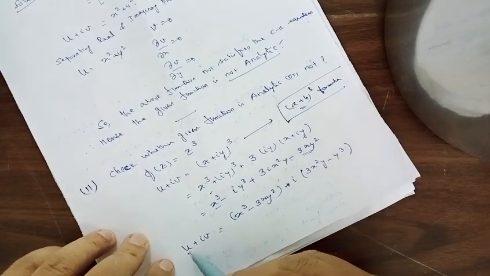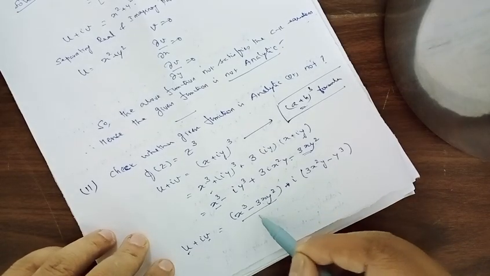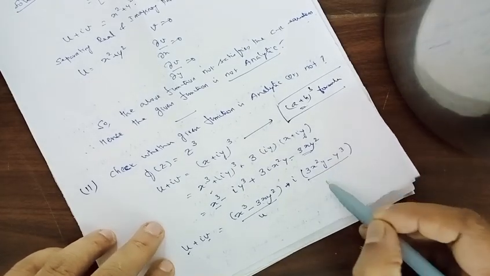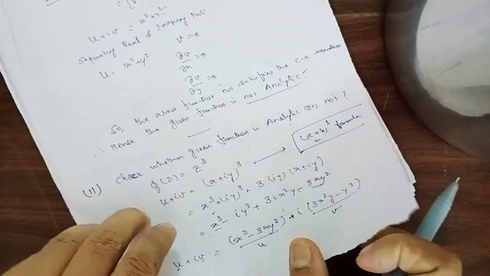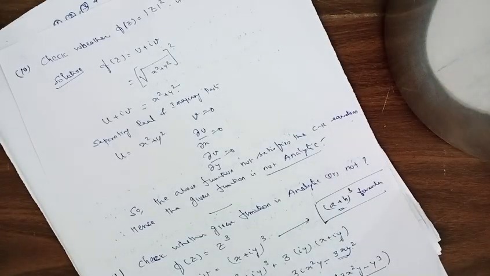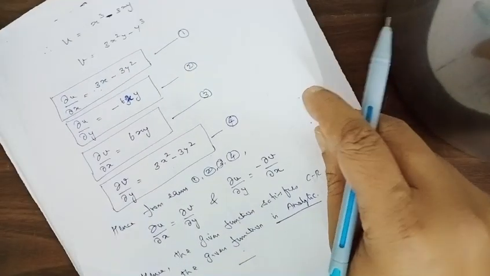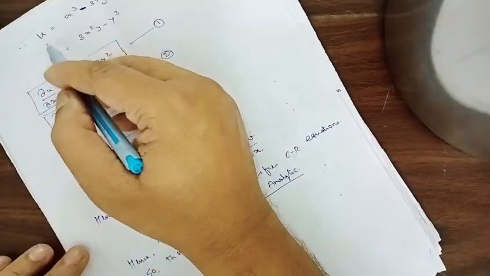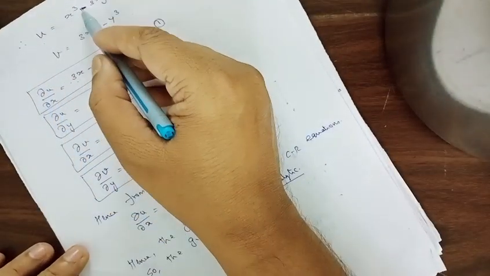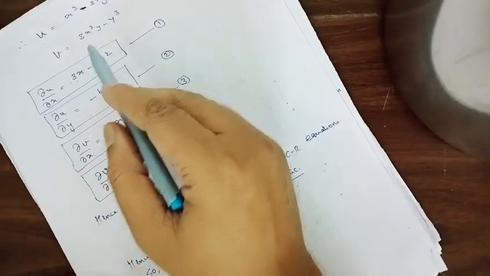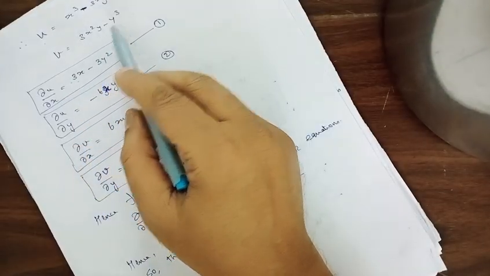So you know u, you know v. This is u and this term is v. Hereafter it is very easy to find out. u is equal to x cube minus 3xy square. v is equal to 3x square y minus y cube.